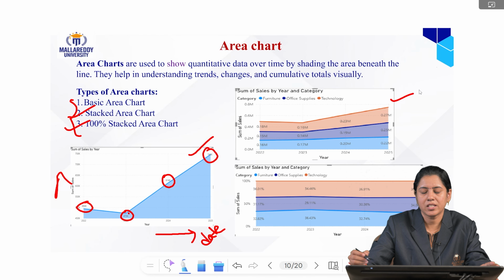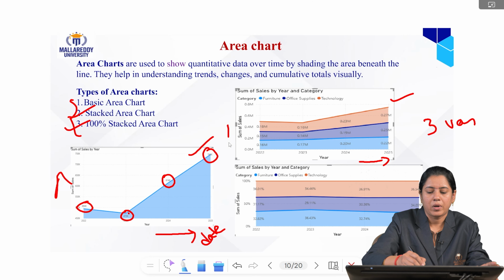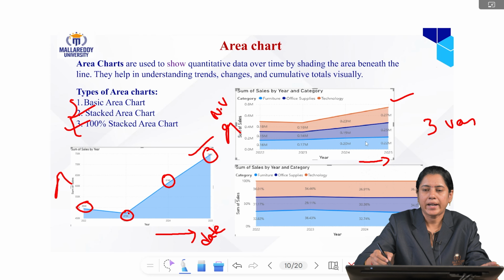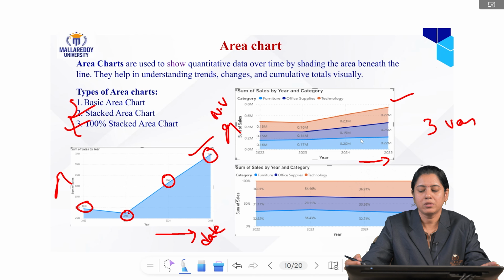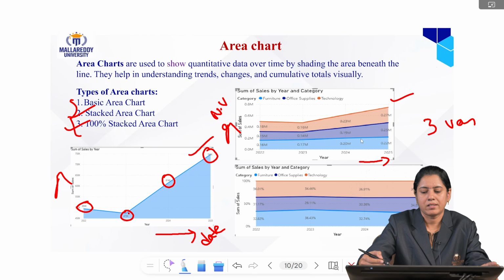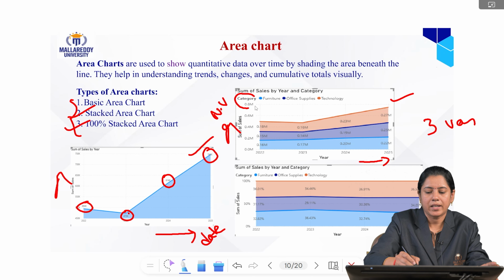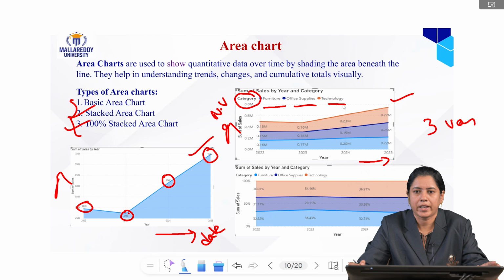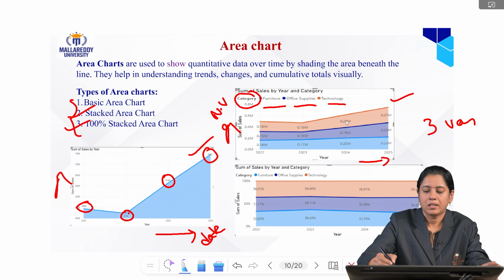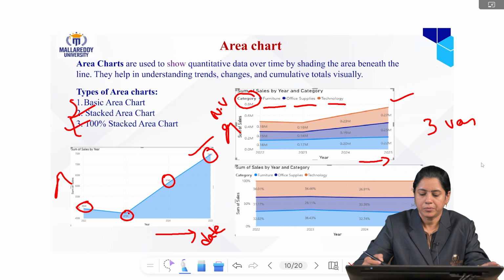The stacked area chart requires three variables: one date field, one numerical variable along the y-axis, and one more categorical variable to get the different layers. Here we use the category variable which contains three categories: furniture, office supplies and technology, and these three categories have three different layers.